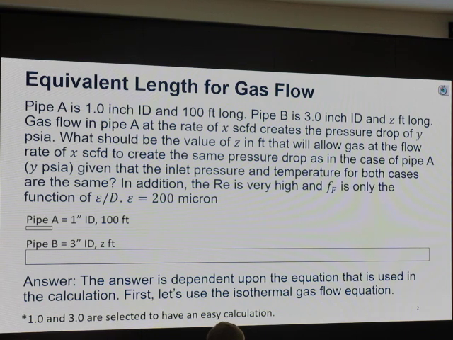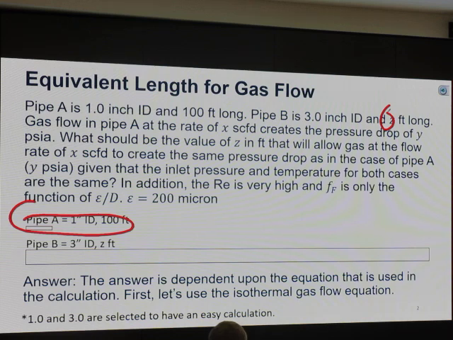Okay, this example is a concept of equivalent length for gas flow. Pipe A is 1 inch ID and 100 feet long. This is pipe A. Okay. Pipe B is 3 inches ID and Z feet long, a lot longer.